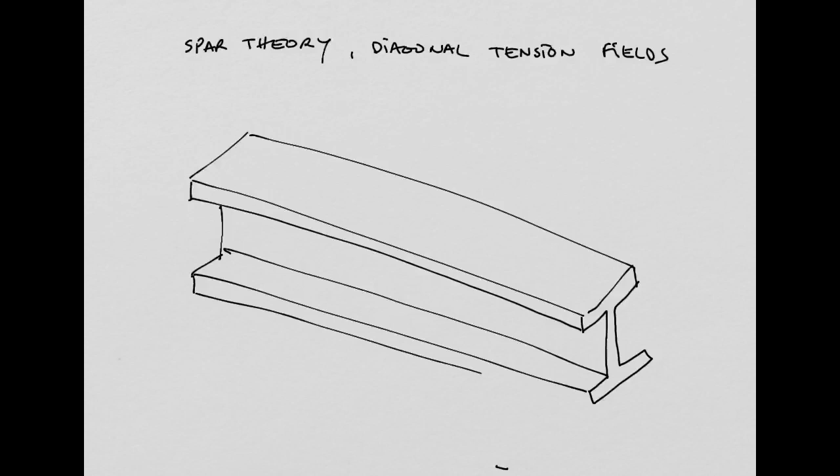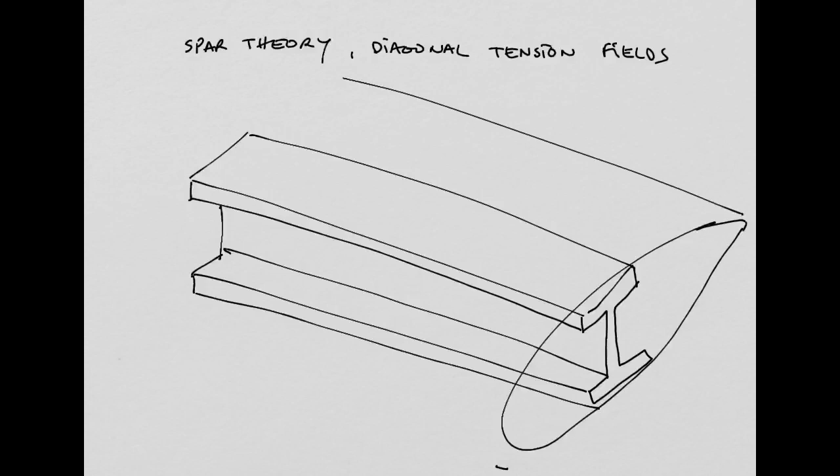So something like this, which is basically inside of the skin of your wing. Of course, this spar looks too big here. But you have these kinds of things, and then you connect the spar to the skin.